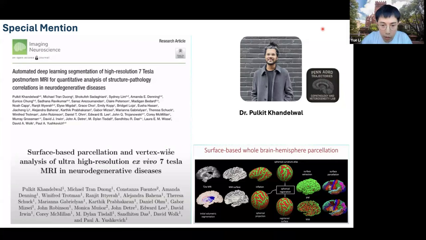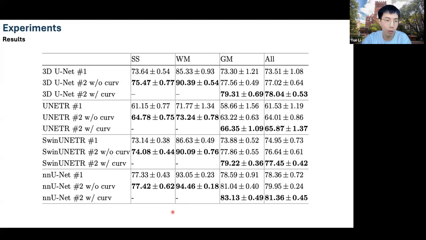Another question is, which backbone is most efficient when it comes to segmentation related with brain imaging? In my understanding, if the backbone is for the deep learning model, I believe nnU-Net is still the best one. If we look at the comparison between these four different backbones, nnU-Net is still very accurate, much more accurate than others.